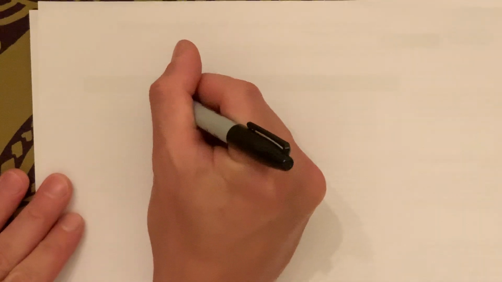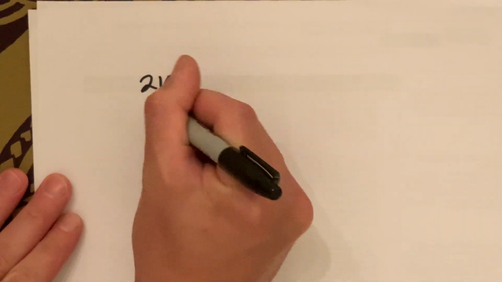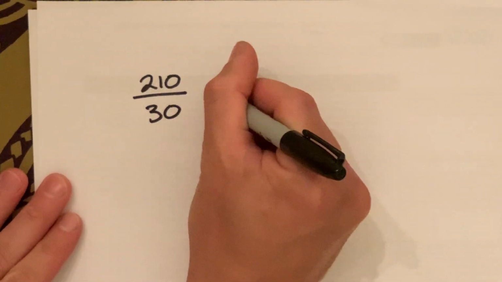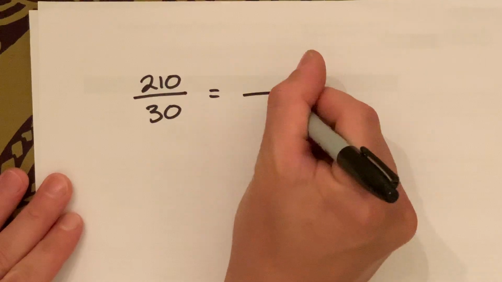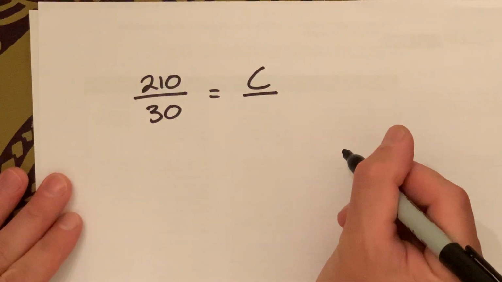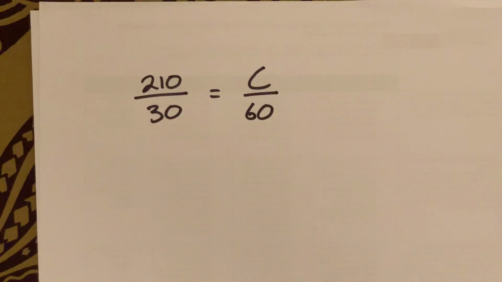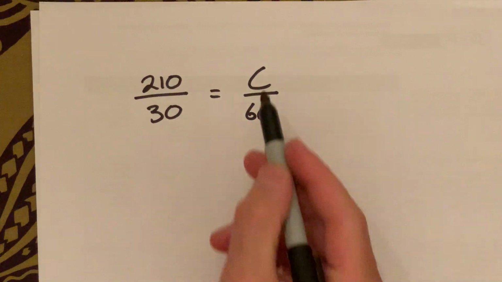We're not going to read the example, but instead I just want to look at how you can solve it. So we have 210 is to 30 as C is to 60. Here I have a proportion, but I don't know one of these numbers.